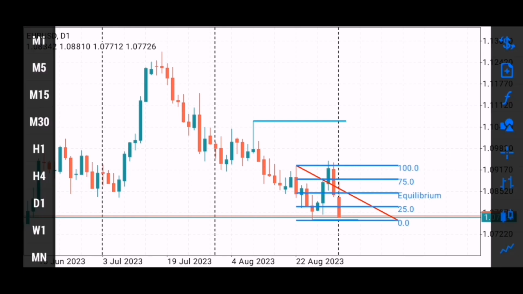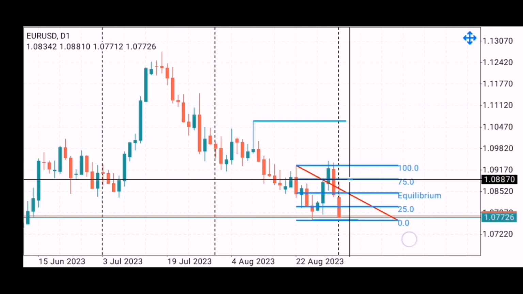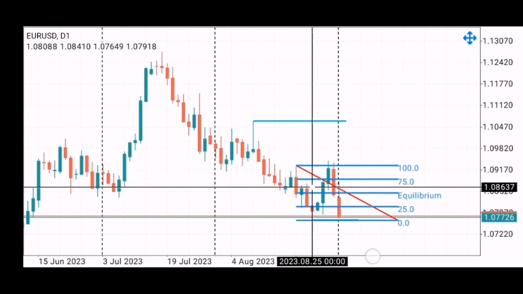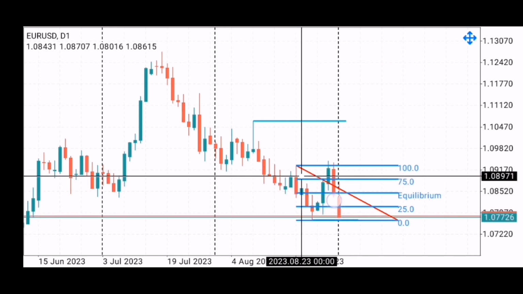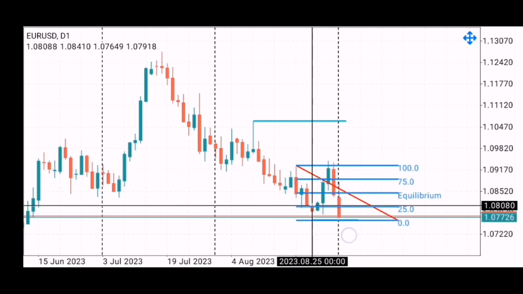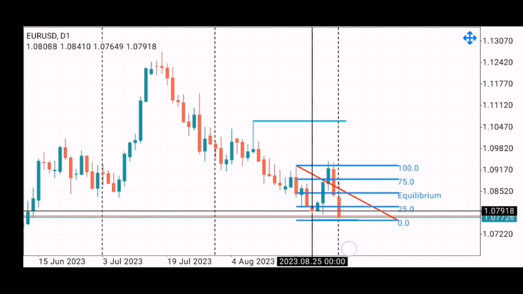So anything that is below equilibrium, as far as this range is concerned, in terms of smart money concept, we see that as discounted price. Therefore, it's lower prices.